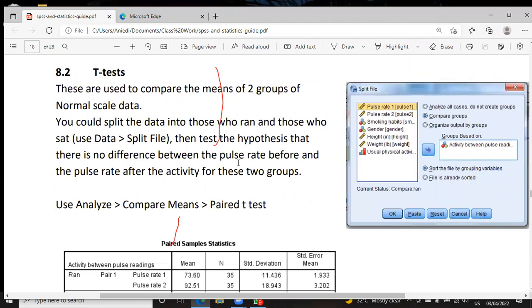Remember I already mentioned that if I'm the one working on the data, by presenting one variable to check the different conditions, I'm going to use the paired t-test.